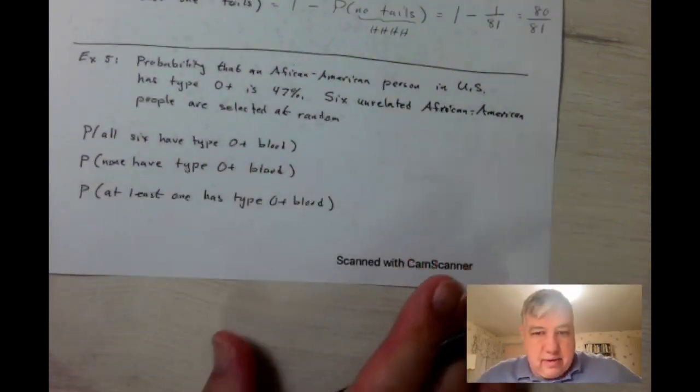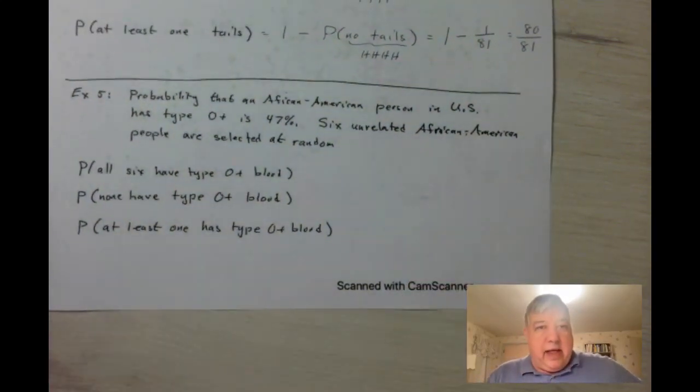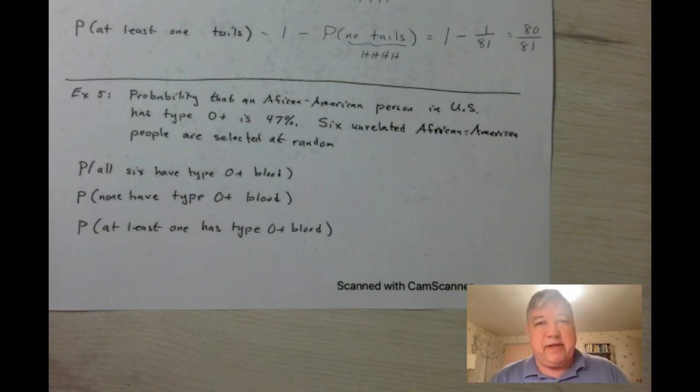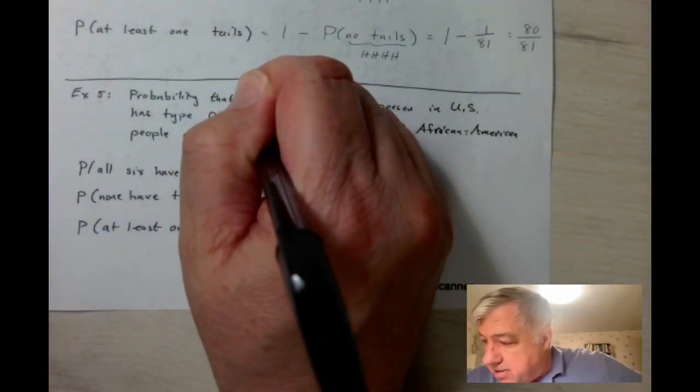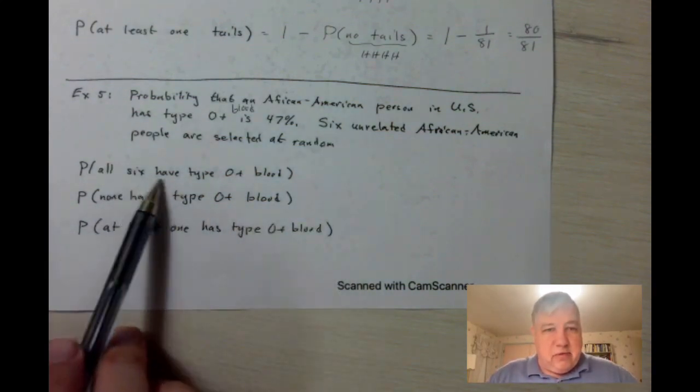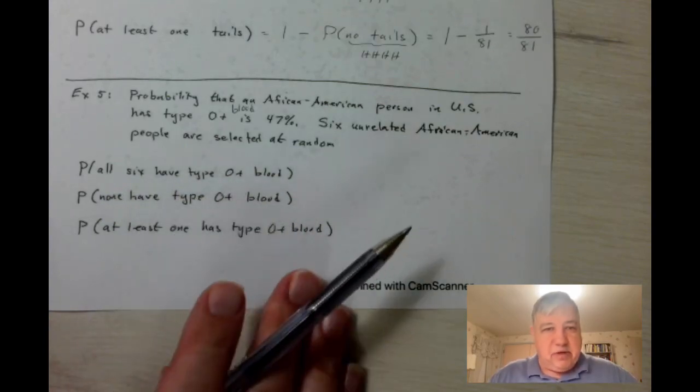Then the last example, I'll let you look at this for a moment. Say we wanted to find the probability that an African American person in the U.S. has type O positive blood, and we're given that this is 47%. If we take 6 unrelated African American people selected at random, what's the probability that all 6 of them have this type of blood?